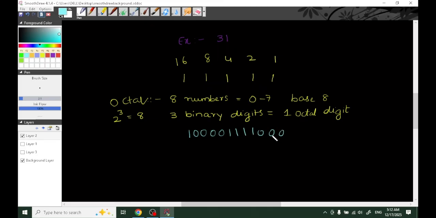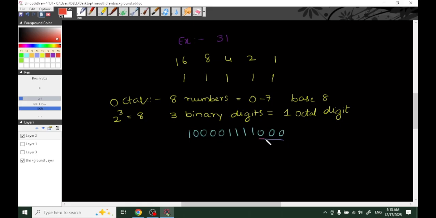So, friends, this is a very big binary code, and now let us say I would like to convert this into octal. So what needs to be done? Starting from right, 3 digits grouped together represents one octal value.